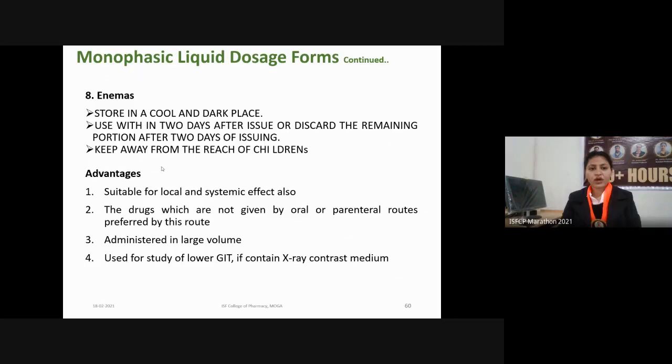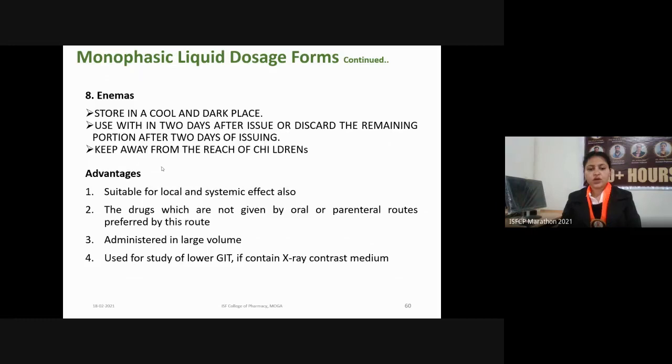Advantages of enemas are: they are suitable for local and systemic effects also. Second, drugs which are not given by the oral or parenteral routes are preferred by this route. They can be administered in large volumes.